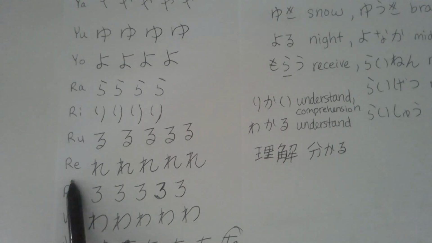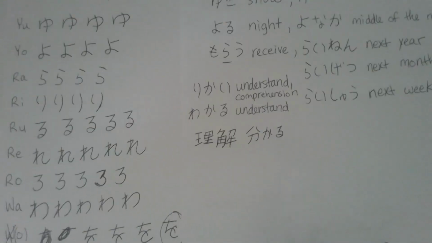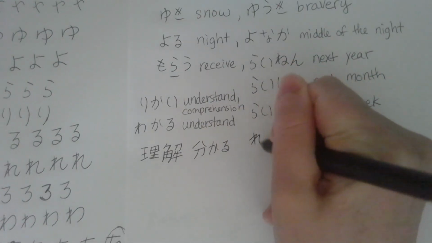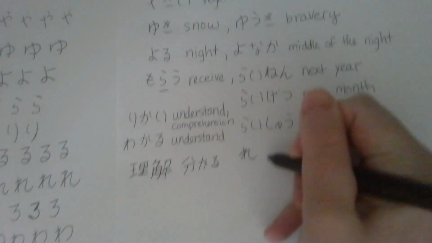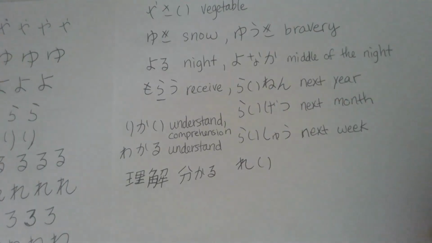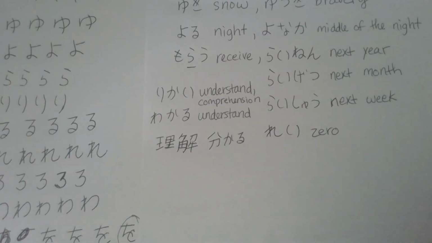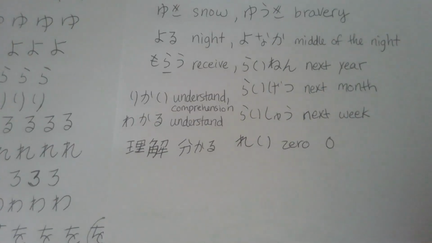The next one is re. Oh, I know what we can do. We could do re, which means 0 in Japanese. Re, but then you have to put an e after it. Re, and that means 0. Like the number 0.